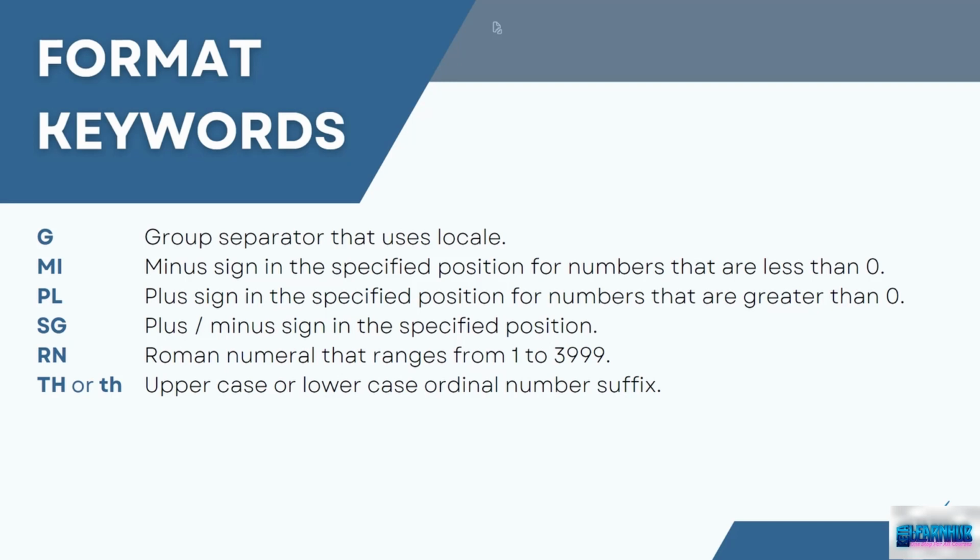PL, plus sign in the specified position for numbers that are greater than 0. SG, plus minus sign in the specified position. RN, Roman numeral that ranges from 1 to 3999. Capital TH or little th, uppercase or lowercase ordinal number suffix.